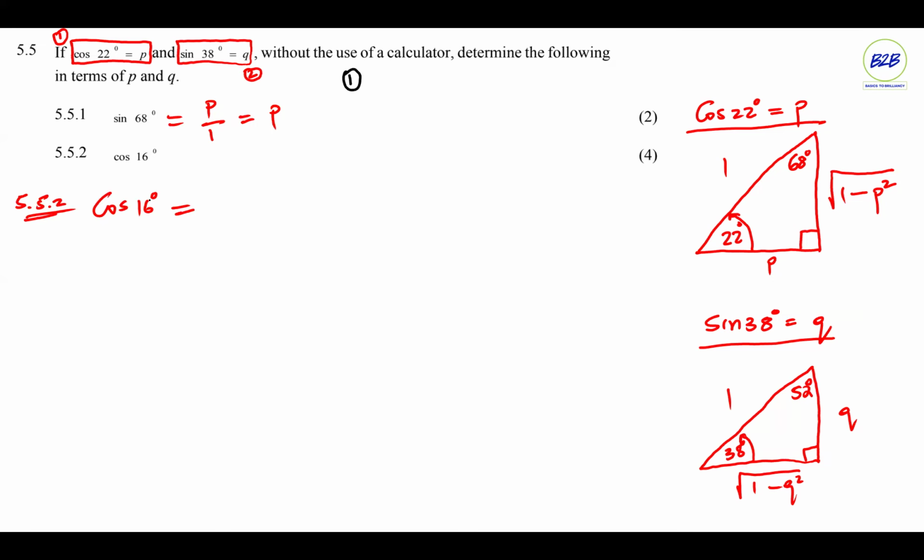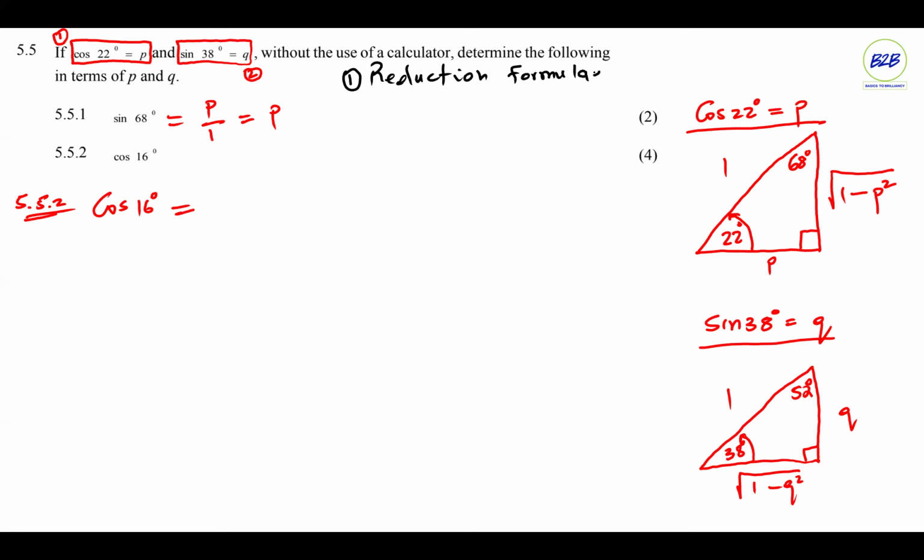The purpose is to link these 16 degrees because when we see through these diagrams, we don't have 16, but we must link that 16 to one of those angles or to two of those angles. Using what? It could be reduction formula.